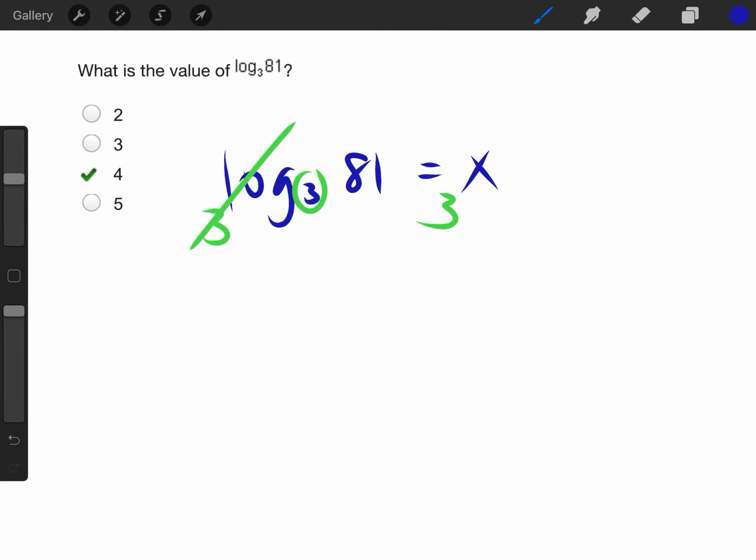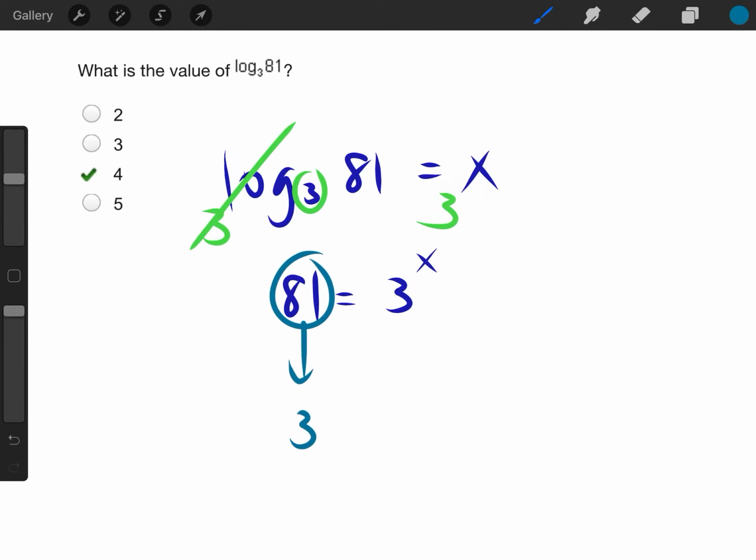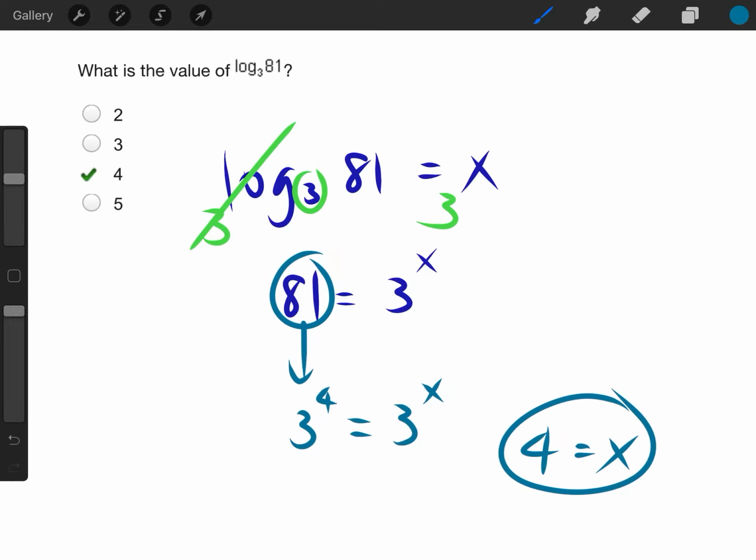So next thing what's going to happen is 81 is going to equal 3 to the x power, okay? You know that 81 can be rewritten as base 3 to the 4th power, okay? So equals 3 to the x power. So now you just know that x equals 4, or 4 equals x.